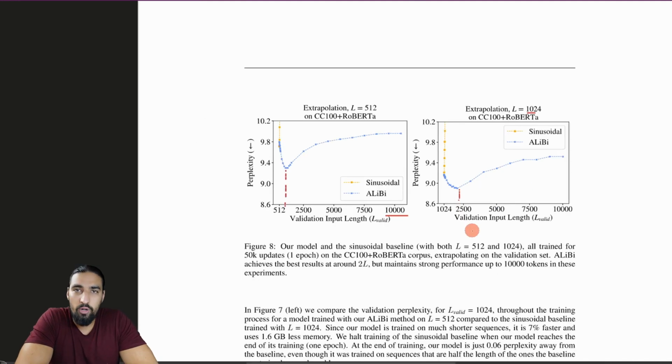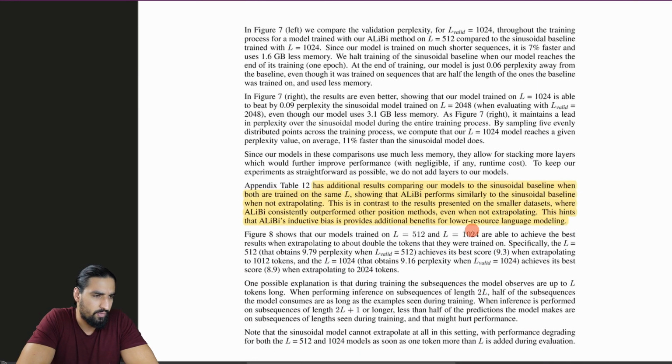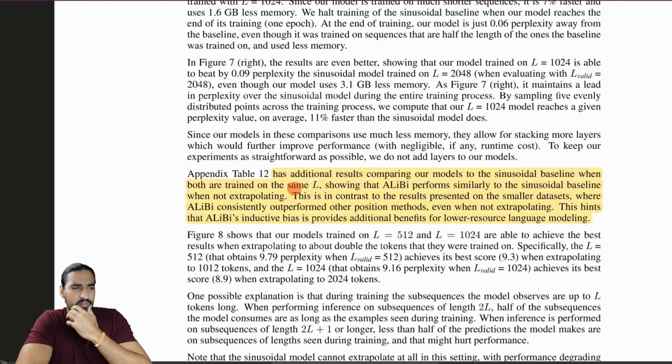Okay, finally, before digging into some ablations, let's see this one. This table in the appendix has additional results comparing our models to the sinusoidal baseline when both are trained on the same L, showing that ALiBi performs similarly to the sinusoidal baseline when not extrapolating. This is in contrast to the results presented on the smaller datasets, where ALiBi consistently outperformed other position methods even when not extrapolating.